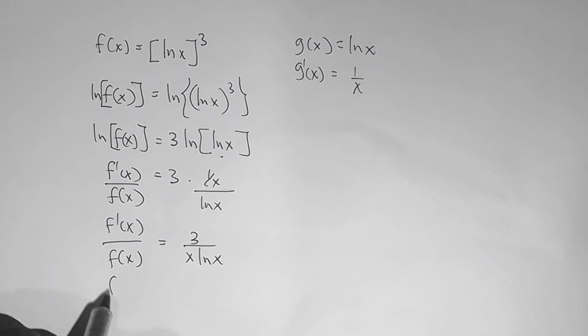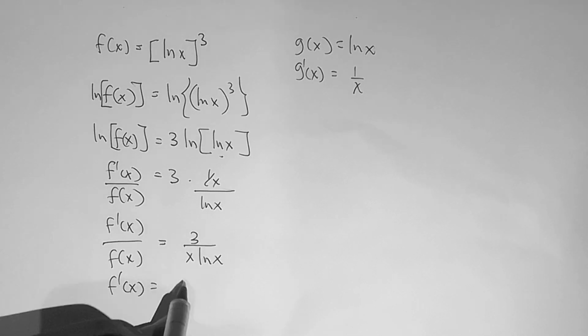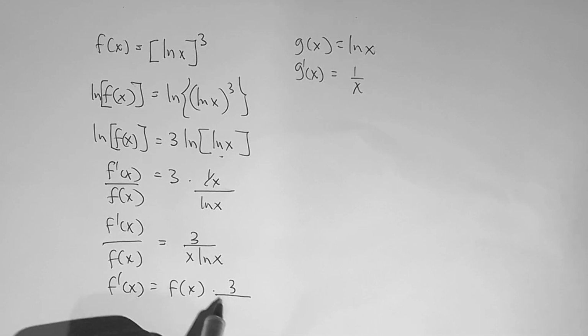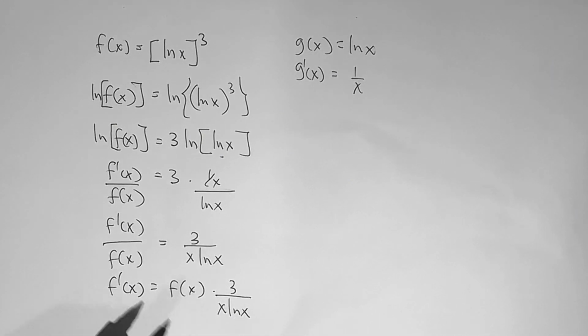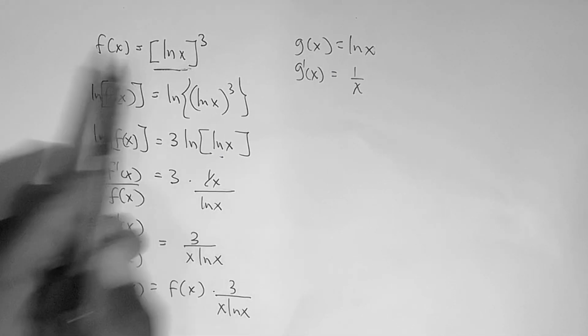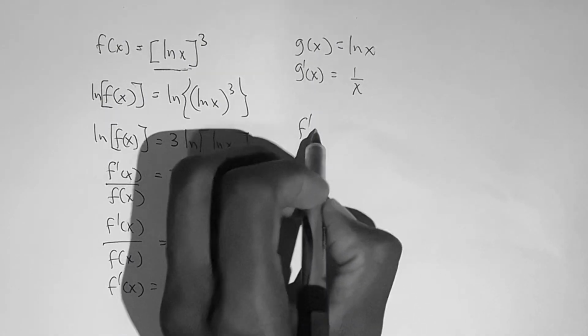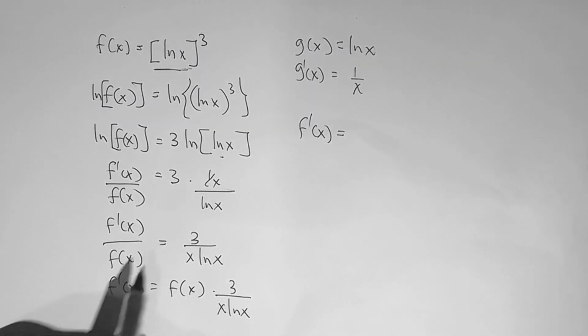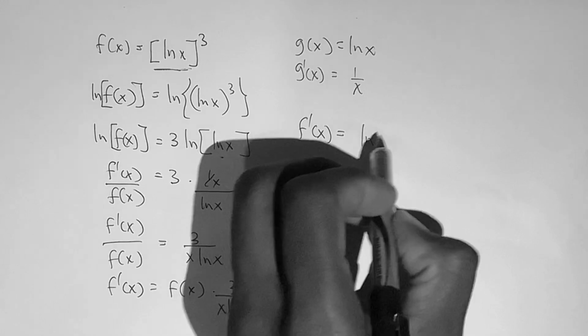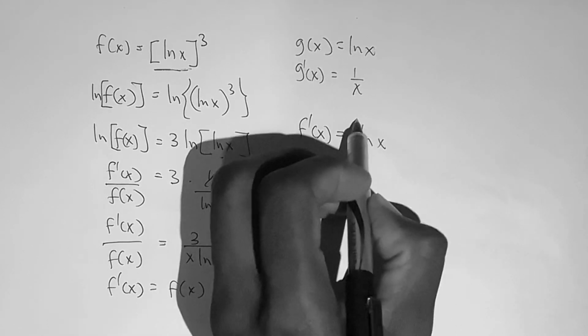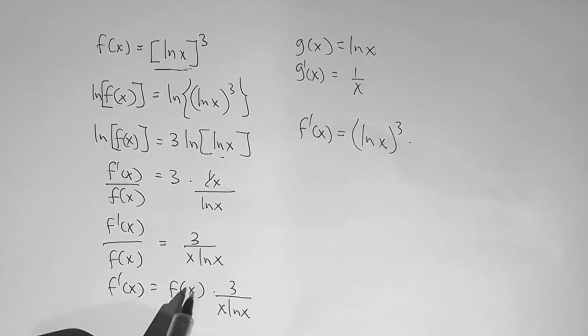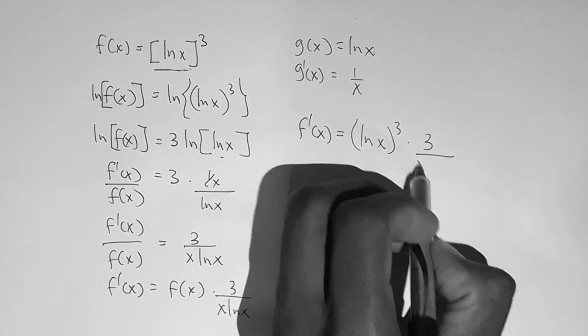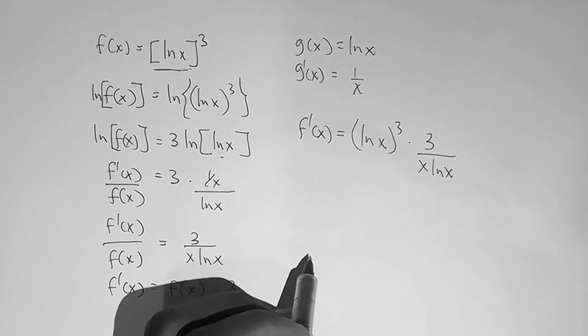So therefore, f prime of x is equal to f of x times 3 over x ln x. Now, what is f of x? f of x is all of this. And therefore, f prime of x is equal to ln x exponent 3 times 3 over x ln x.